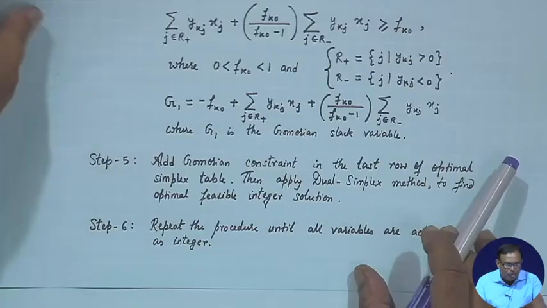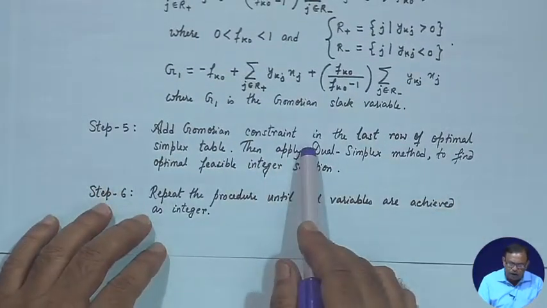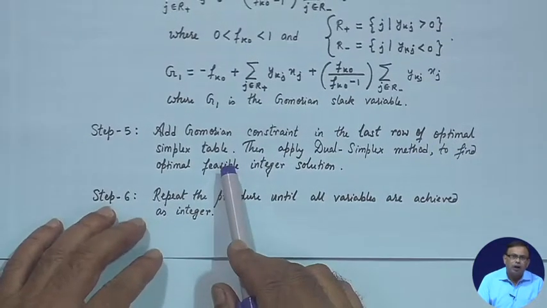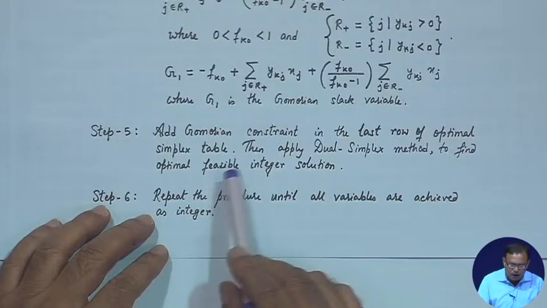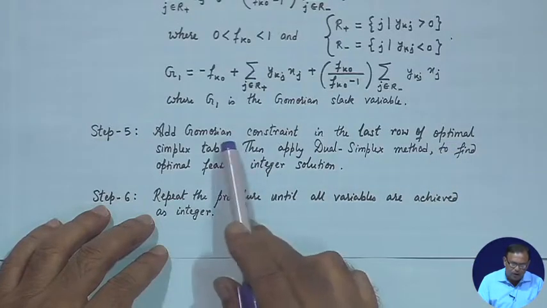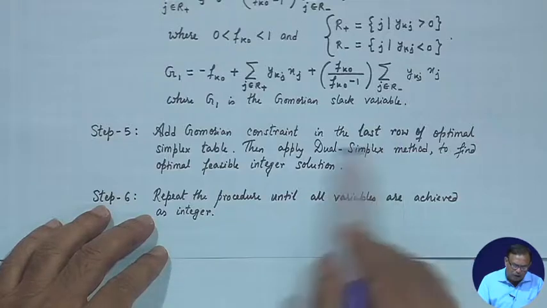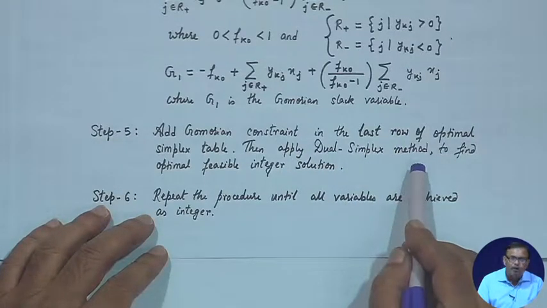Now, as usual, you have to add this Gomorian constraint in the last row of the optimal simplex table. That is, to the last optimal simplex table you derived earlier, you add the Gomorian slack constraint, and then you apply the dual simplex method.